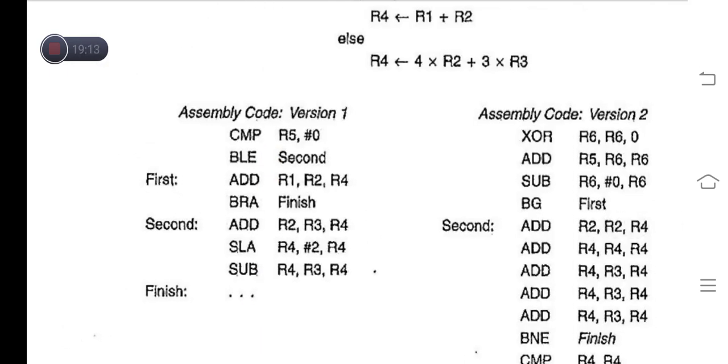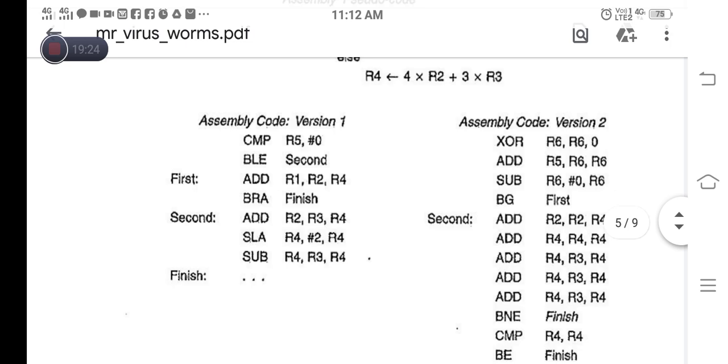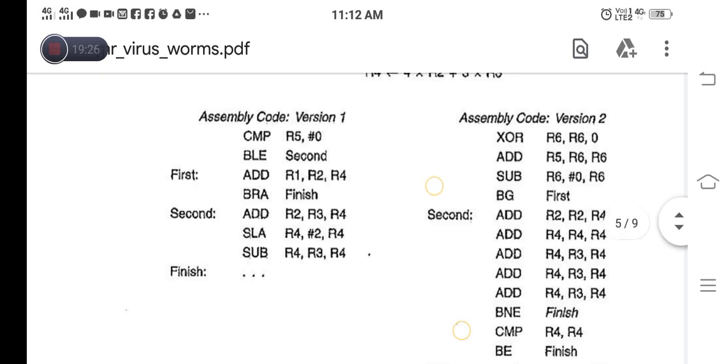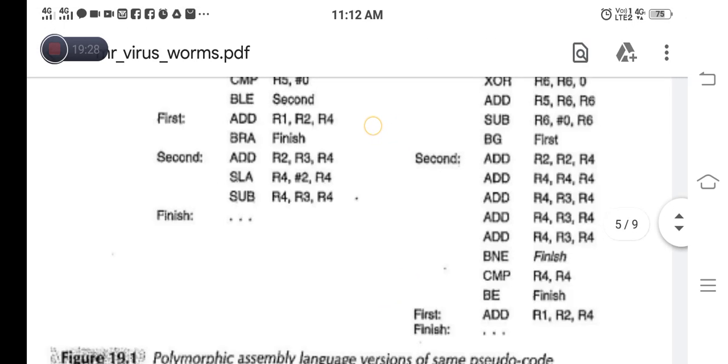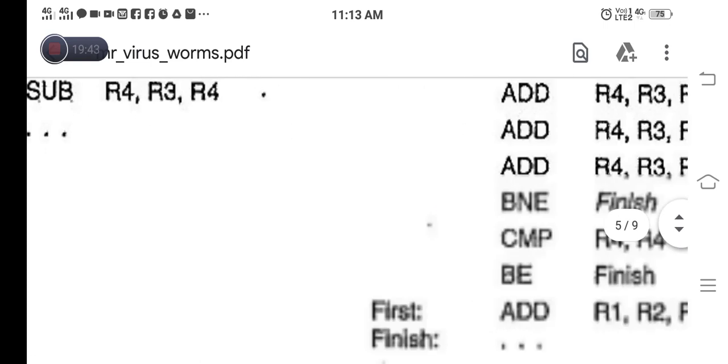When we compare version 1 and version 2, version 2 has spurious instructions and also spurious branch instructions to confuse worm code detection software that relies on control flow analysis.